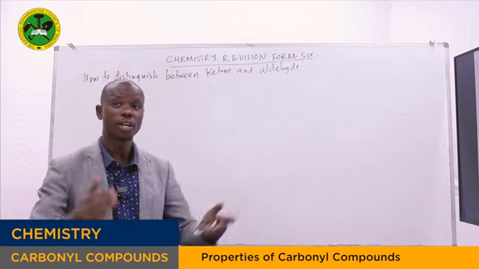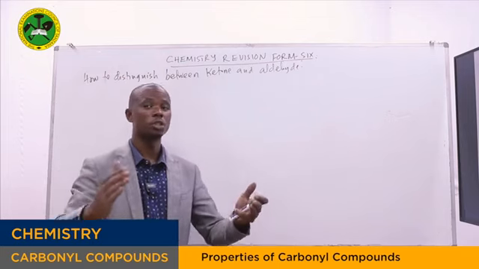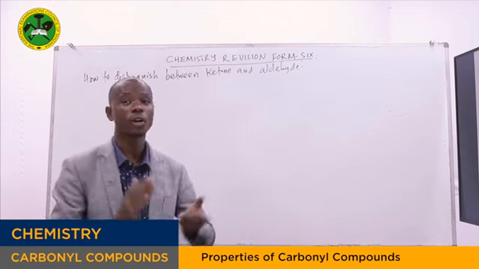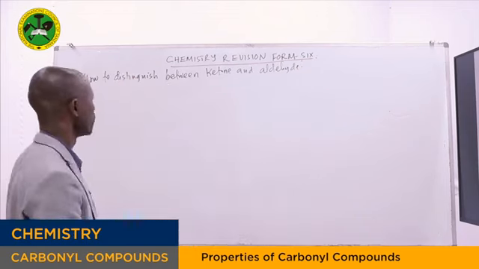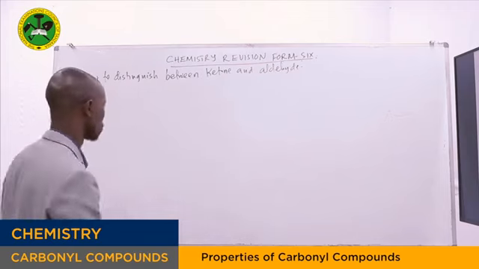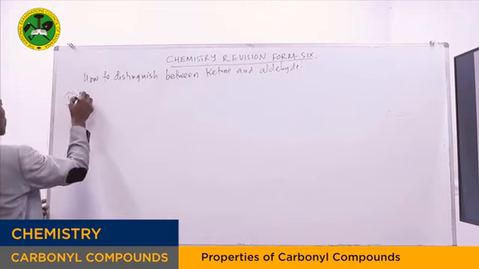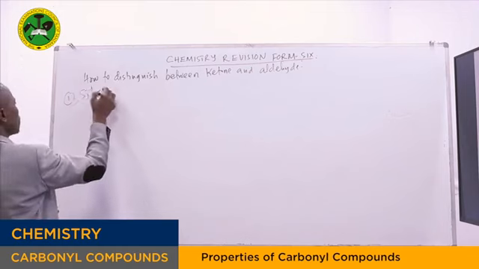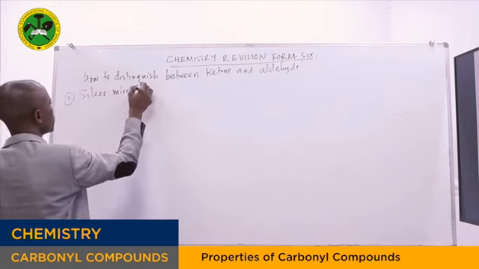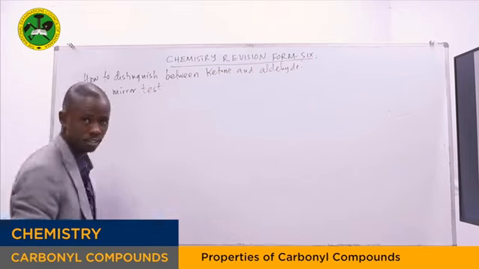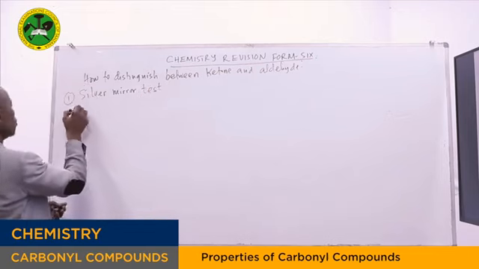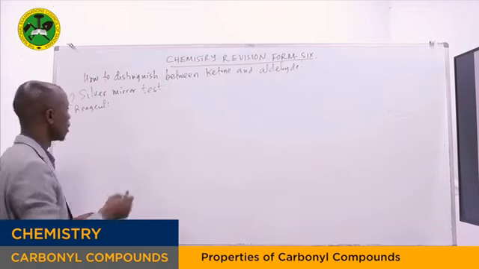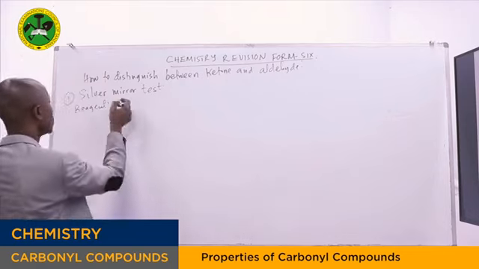But also, you can be asked to distinguish between a ketone and an aldehyde. How can you distinguish? Now here, there are two reagents you can use. Number one, we have the silver mirror test. This silver mirror test uses the reagent which is called ammoniacal silver nitrate, or Tollens reagent.